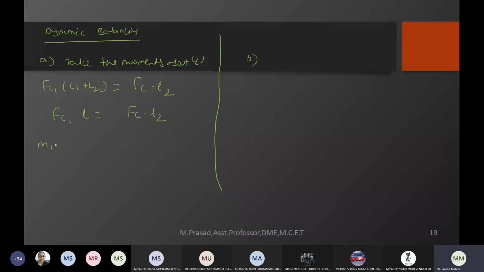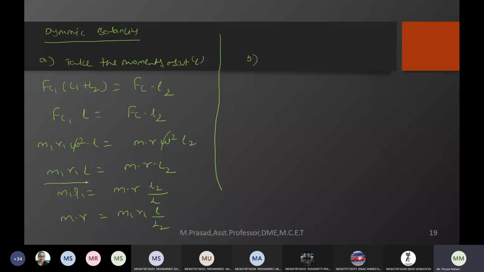Again, I can write M1 R1 omega square into L is equal to M into R into omega square into L2. Omega will go away. I am having the equation M1 R1 into L is equal to MR into L2. So from this I can get M1 R1 or MR, anything I can get. If I want to find the first balancing mass M1 R1, I can get it as M into R into L2 by L, or I can get M into R, that is nothing but M1 R1 into L by L2.